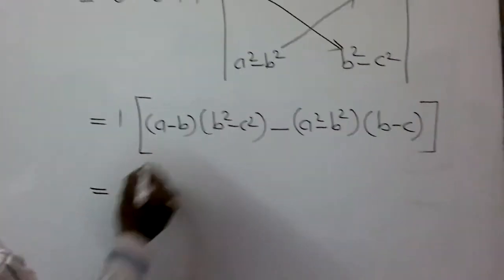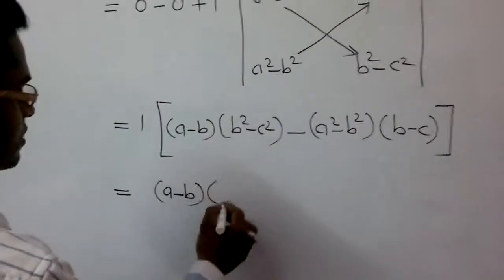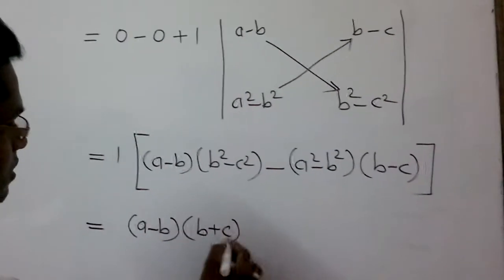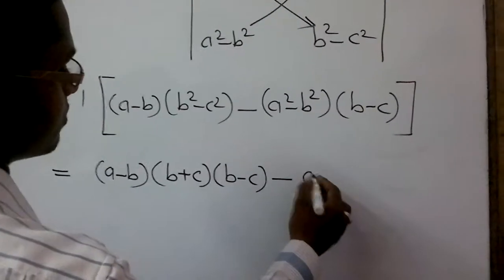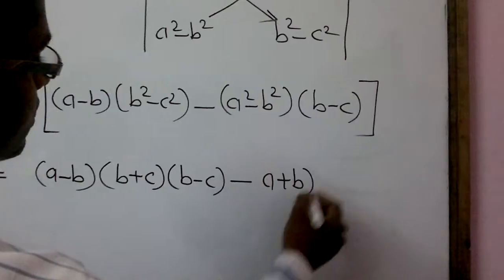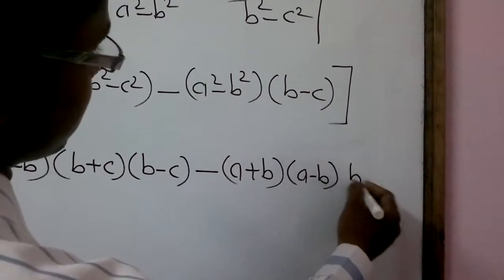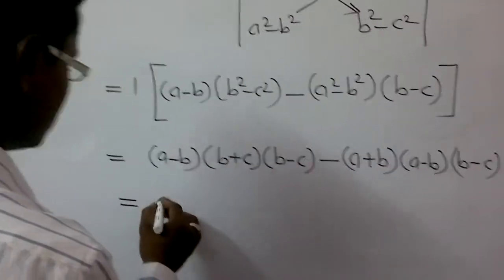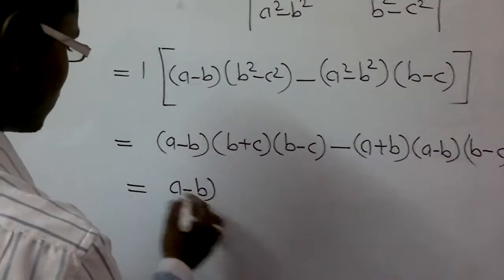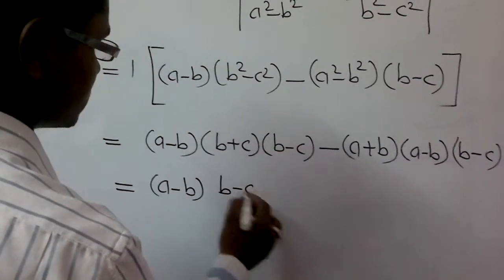Now b square minus c square equals (b plus c)(b minus c), and a square minus b square equals (a plus b)(a minus b). In the column values, a minus b is common, and b minus c is common.